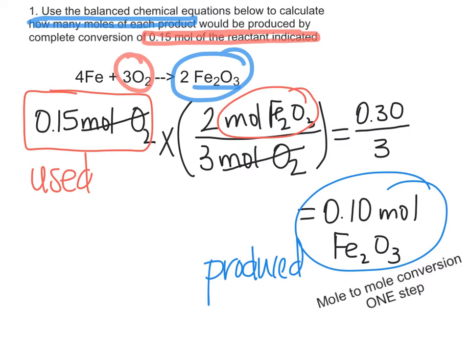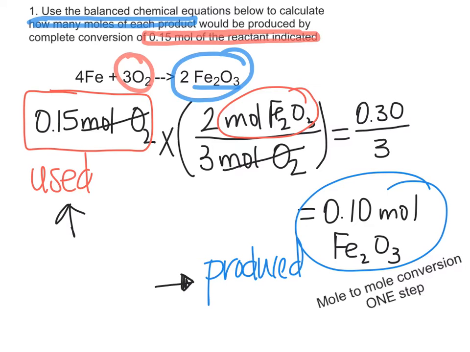Whatever you have in your product, those are the materials that are produced. So again, whatever is given is what we're using in the reaction, and whatever our answer is is what is produced in the reaction. So to interpret this one for us, if we have 0.15 moles of oxygen gas in this reaction, we will produce 0.10 moles of iron oxide.